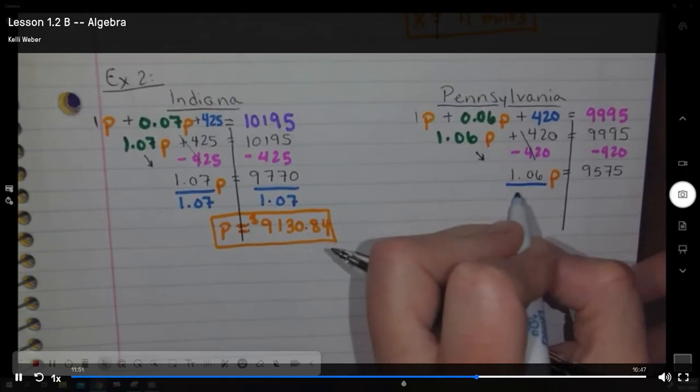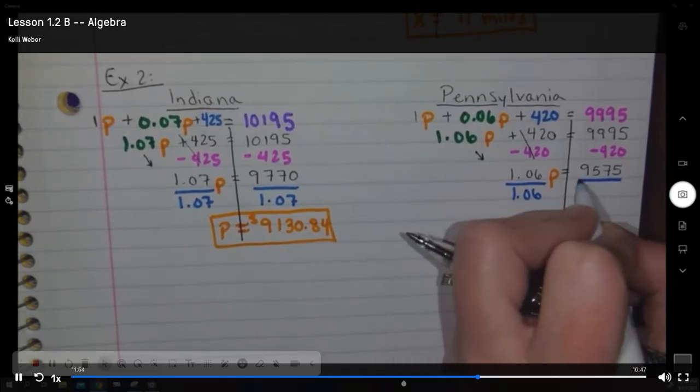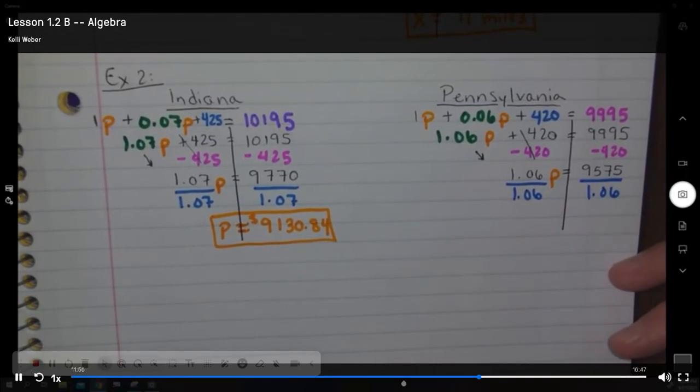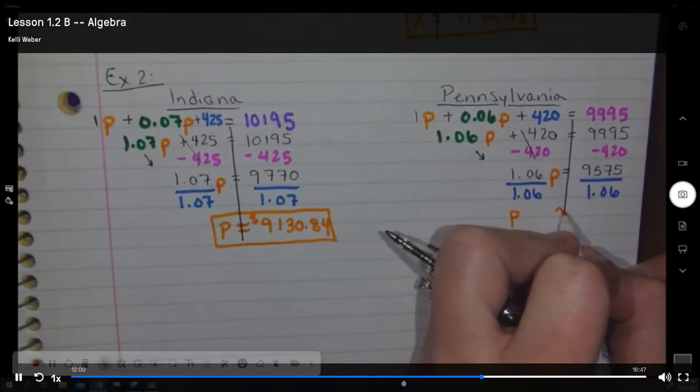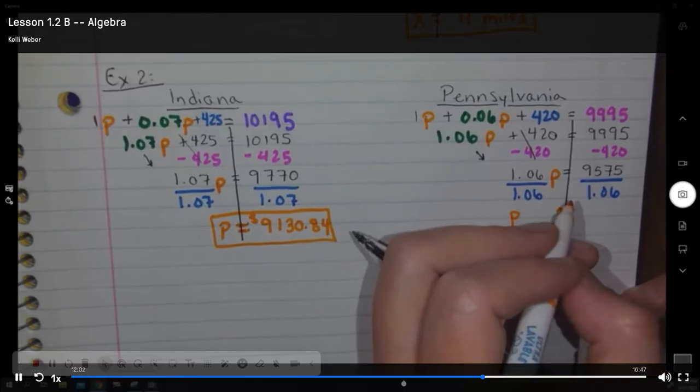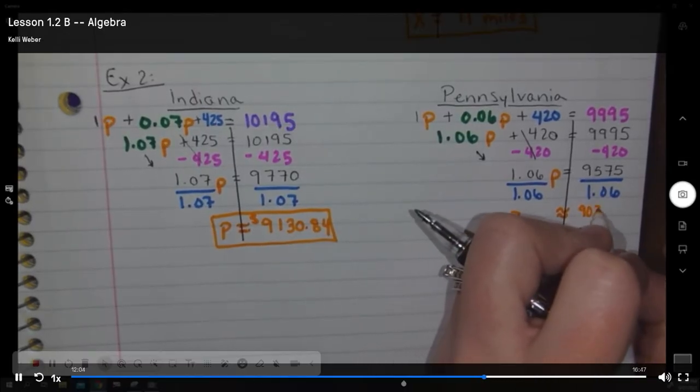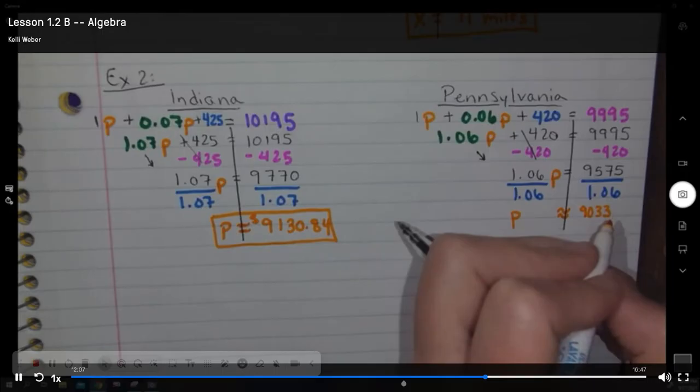And our last step here, we're going to divide by 1.06. So we find that our list price for this vehicle is approximately $9,033.02.